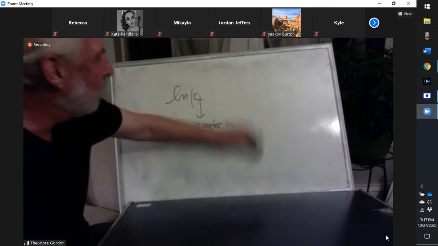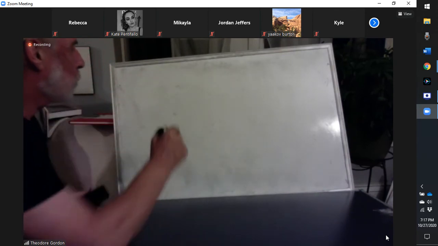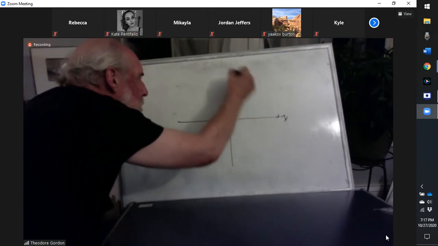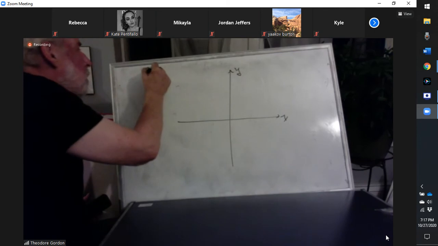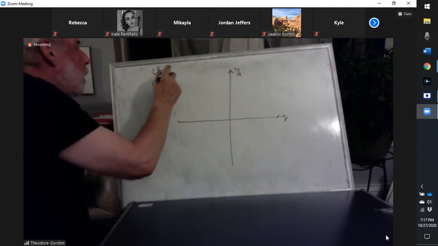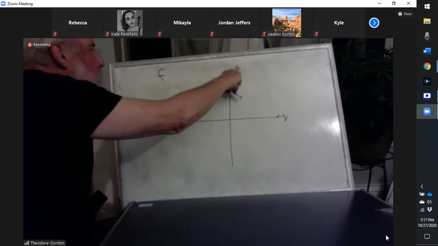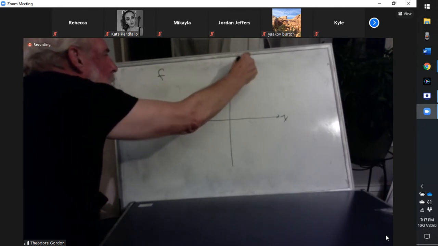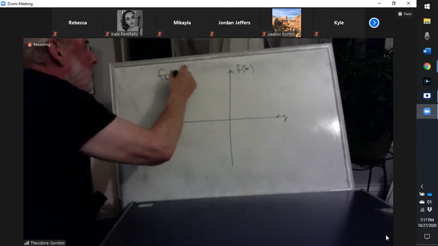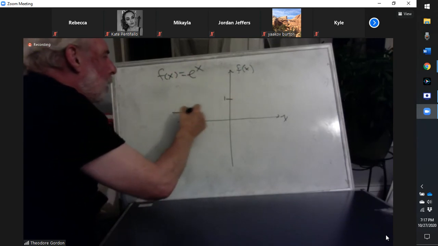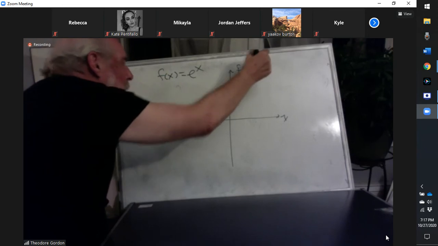So let's do a little graph here. If f of x is equal to e to the x, all right, e to the x looks like this.